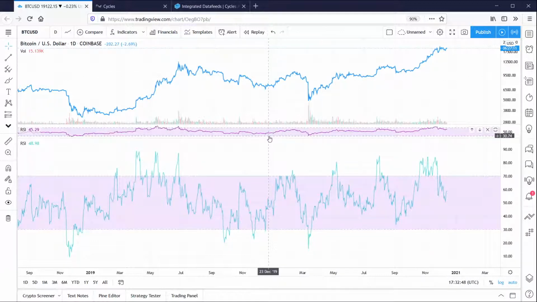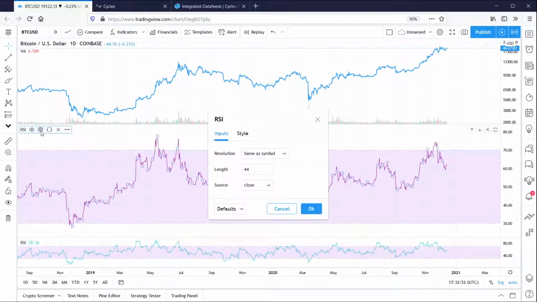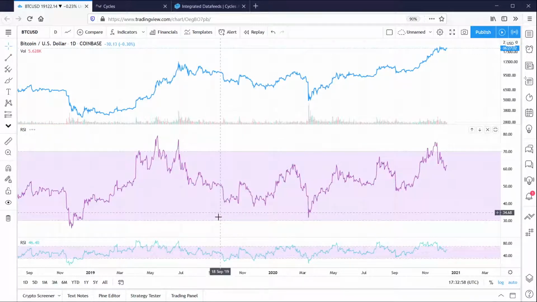So, what I've already prepared here on the upper lane, this is the RSI indicator, with, let's use what we have detected, a length of 40 here. And what you now see is that it's not giving you so many false signals. So the signals you now see by the adjusted RSI indicator are much more clear.